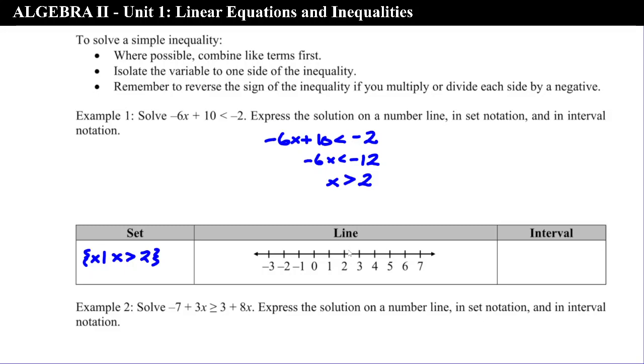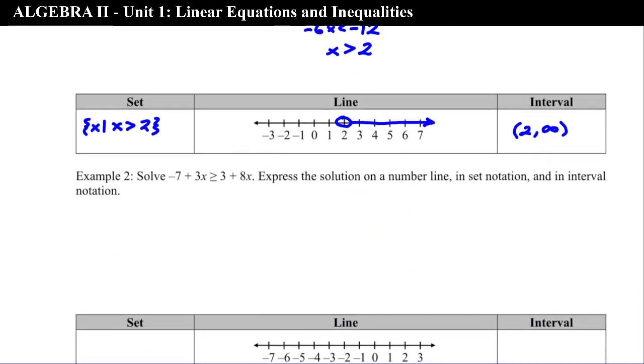Then on the number line, we are not including the 2, so we are going to put an open dot on the 2, and then we are going to shade to the right because we are including all values that are greater than 2. And then in interval notation, our 2 is our lower bound, and we are not including it, so we use a parentheses, and then our upper bound is going to be infinity. And again, any infinity, we do not include that as well.